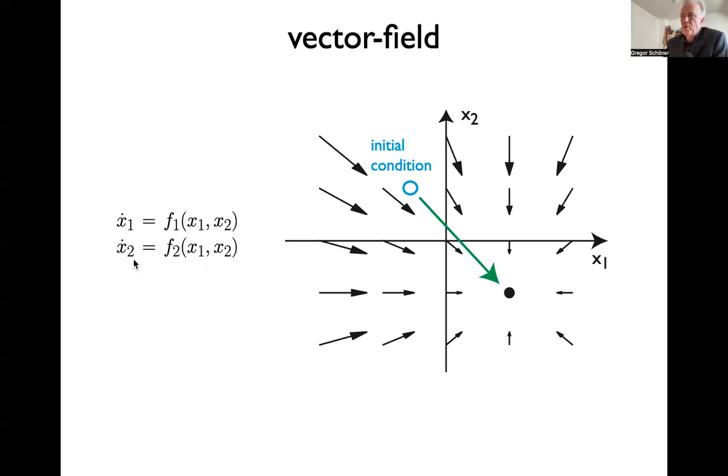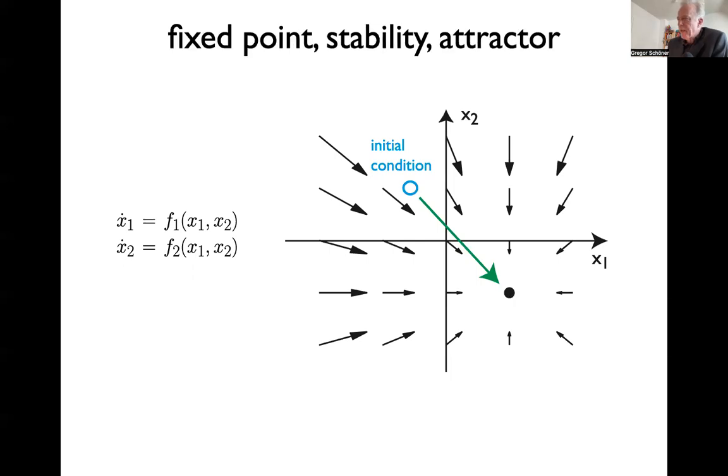So these vectors will be tangent to the solutions, and by just following these vectors, you can see where it's going to go. From this initial condition, you're going to go to this point, which is a fixed point, where the length of these vectors is 0. You can see the convergence pretty much visually in the vector field. Good. And stability and so on can all be defined in these terms.